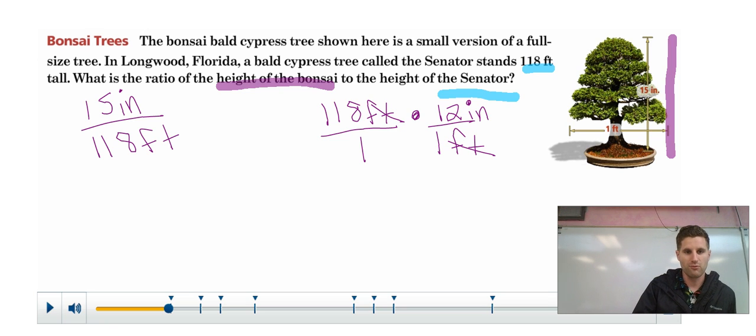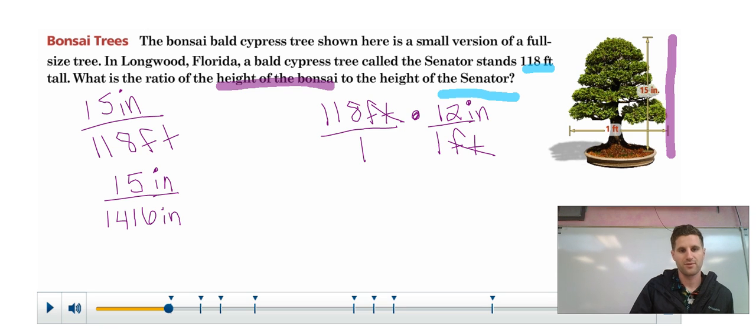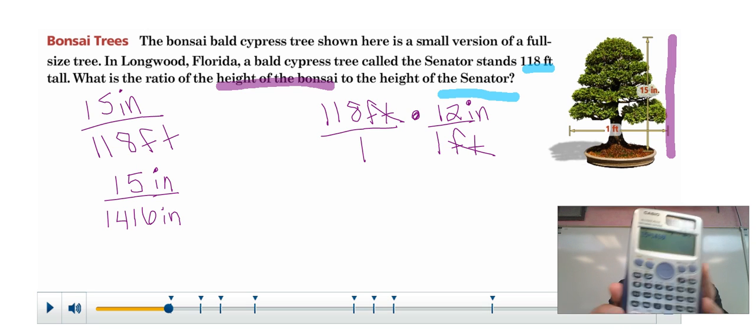So we can rewrite this as 15 over 1,416 inches. And there is our ratio. Now we could look for reducing it, and if you have the fancy calculator like I do, it'll actually check for reducing automatically.